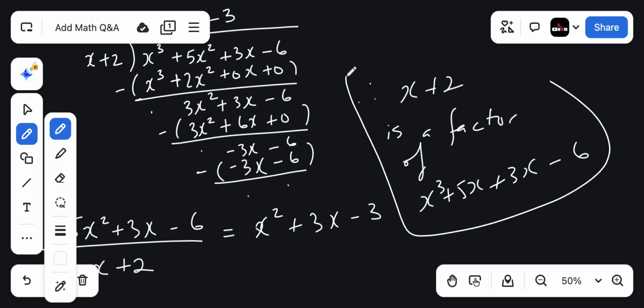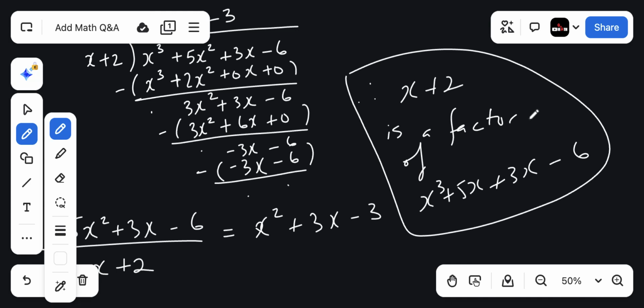That's what that is saying. Now, there are a couple of questions that you're going to see that are going to lead with that. Here, we divided first and we ended up with our quotient and a remainder of 0. And that then triggers us saying, hey, x plus 2 is a factor.